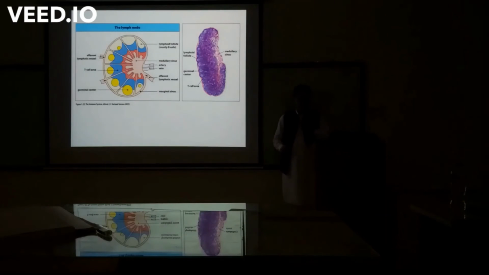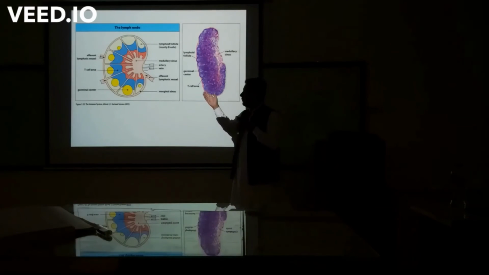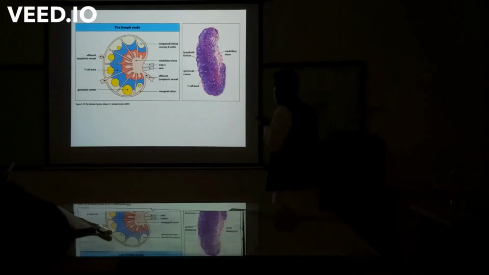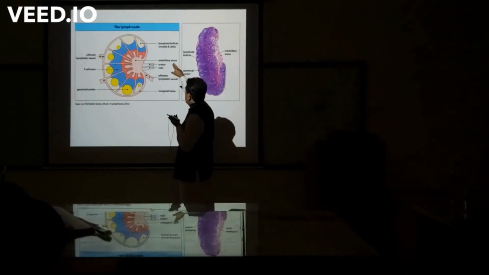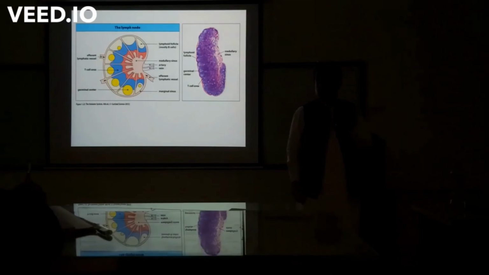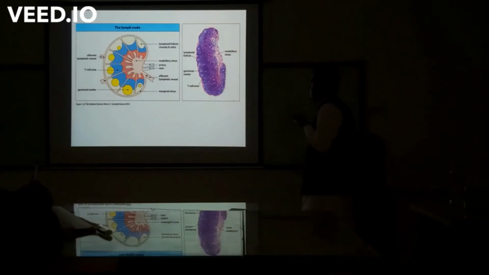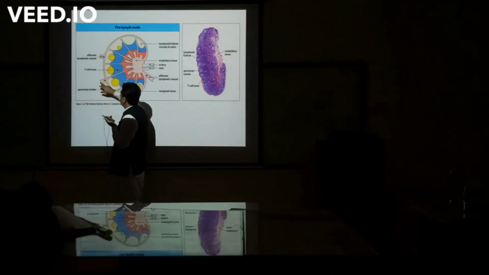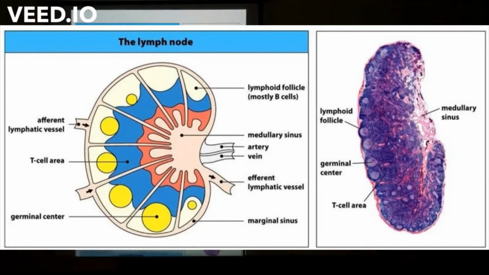So this is the anatomy of the lymph node. As you see here, there is a lymphoid follicle here where you can mostly find the B cells or the B lymphocytes. There is an afferent lymphatic vessel right here and right here. So there may be more than one lymphatic vessel which is going to supply lymph into particular lymph nodes.